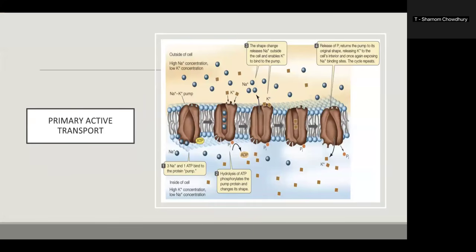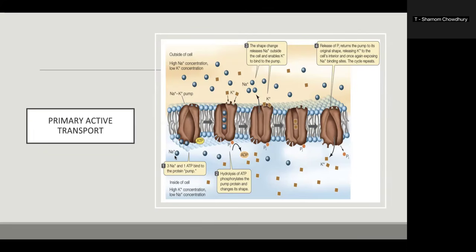This is an example of primary active transport. Primary active transport is when ATP itself is used as a source of energy. This is kind of difficult to understand, so just bear with me as I go over it. Three sodium and one ATP bind to the pump.